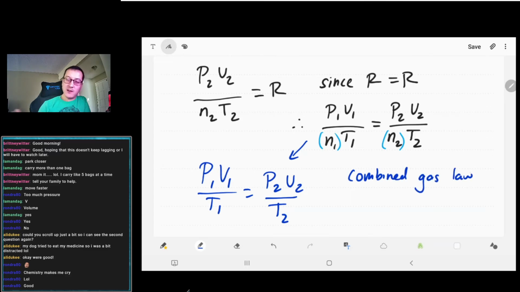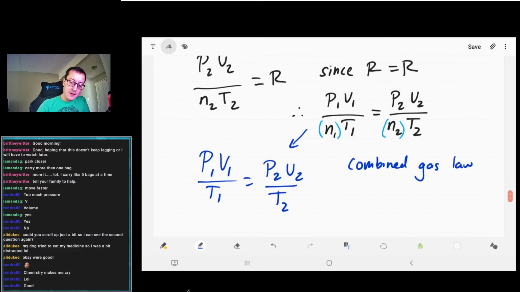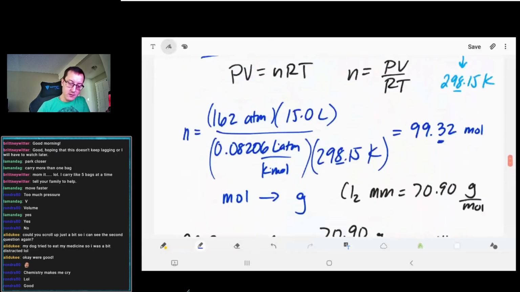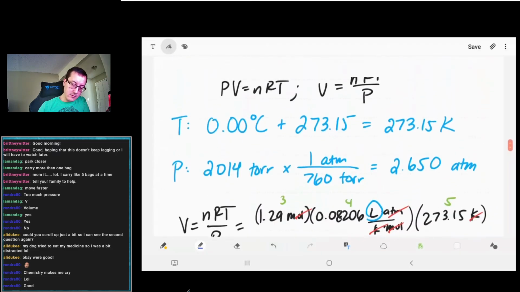You don't need to memorize these names, but it is good if you know, it's somewhere in your brain that, oh yeah, okay, he's using that law this time. And this is going to be used when things are changing. So previously, the ideal gas law, wow, where did that go?